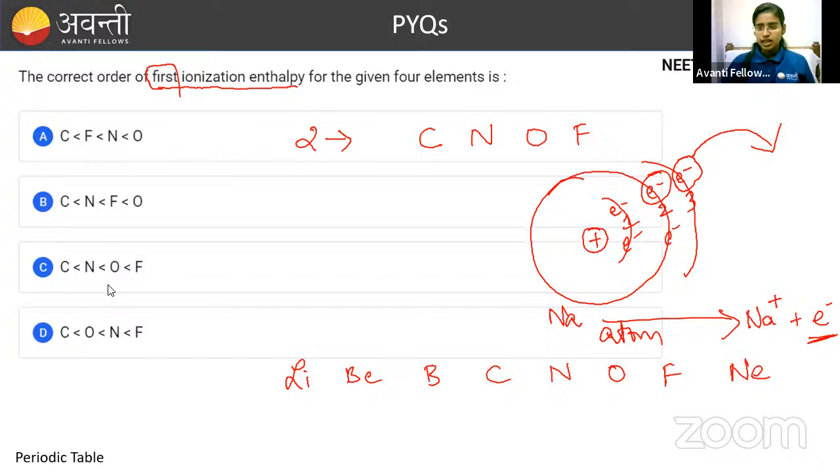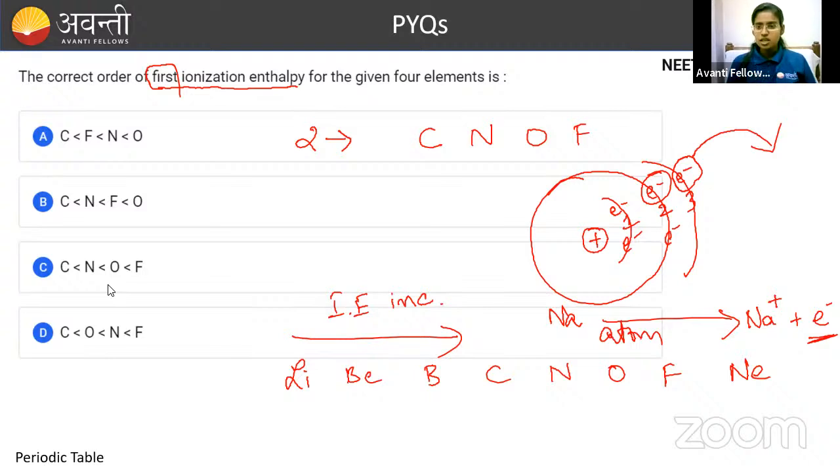So I have given you 3 physical property trends: one for atomic size, one for electronegativity, and this is the third. Across the period, ionization energy increases.